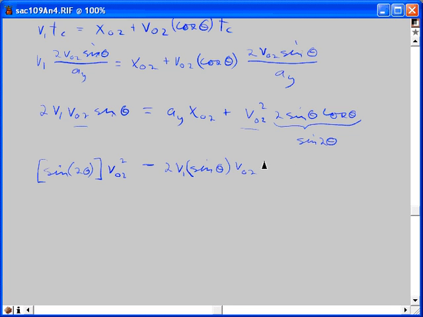And then also on that side, I got plus Ay x02. And then on the left side, I moved this over, so I just got 0. And this is my quadratic equation. So I'm ready to use the quadratic formula to write down what V02 is. It's going to be minus B. This would be my B term.